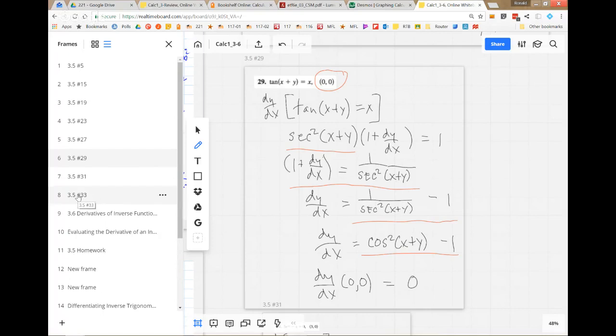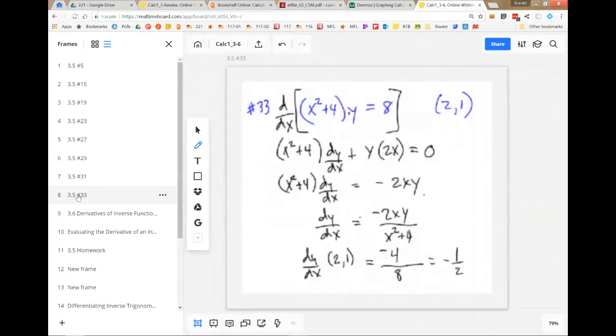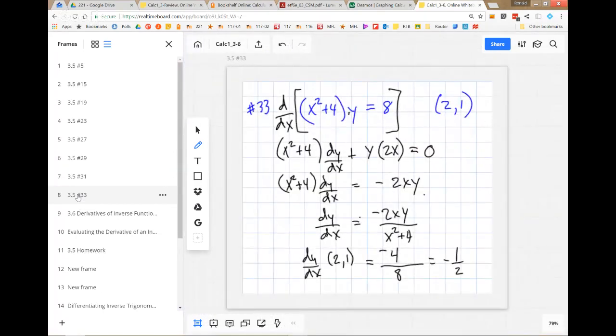Let's also look at number 33 on 3.5. So 33, we've got x squared plus 4, quantity, times y equals 8. Now we're going to just take the derivative. Oh yeah, and here's the point: we want to find the derivative at the point 2, 1.